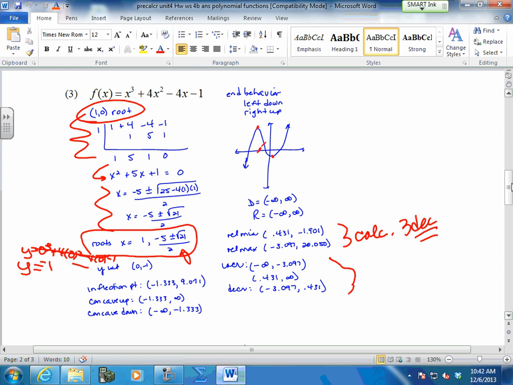Again, increasing, decreasing. Here's your increasing going up, decreasing, increasing. Your concavity, remember your concavity caves down, stops at the inflection, then caves up. Anybody not seeing this, not able to do this?